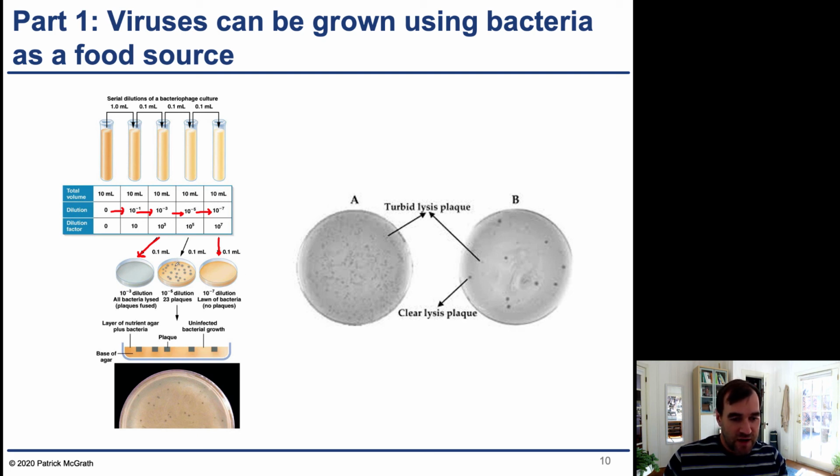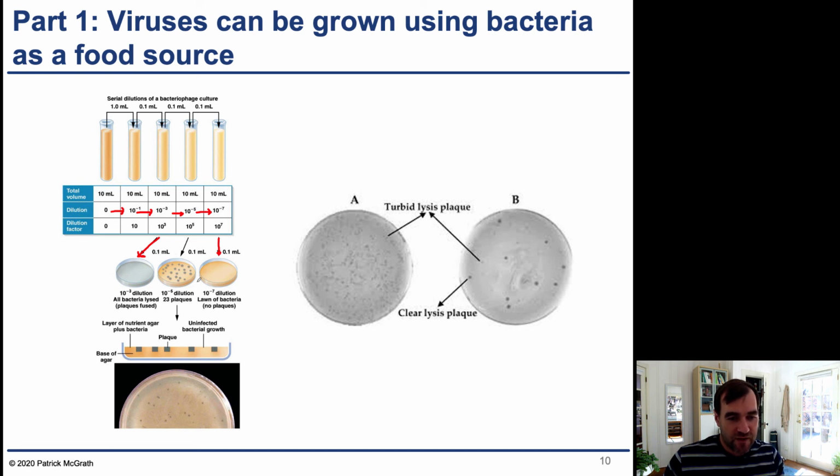But if you get it right, then there are on the order of 23 viral particles within this culture, and all those viral particles are infected. Maybe it's better to say there are 23 infected cells within this liquid culture.